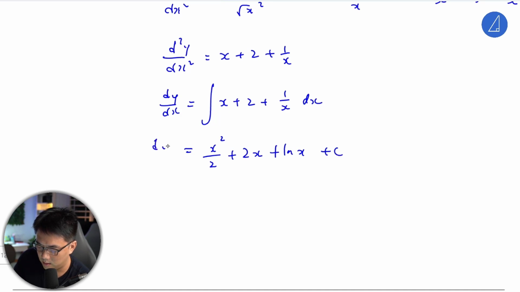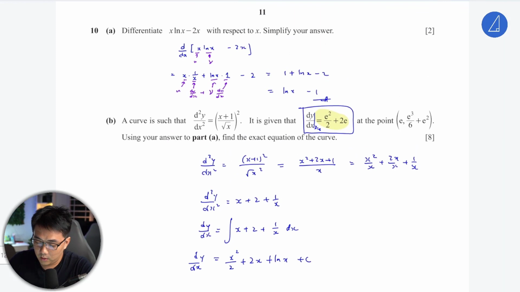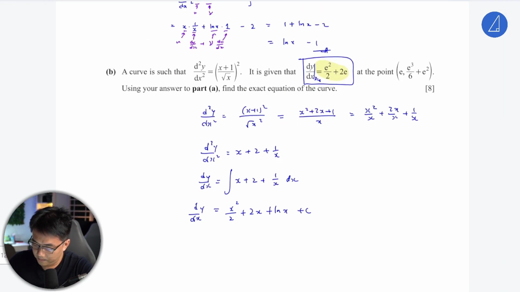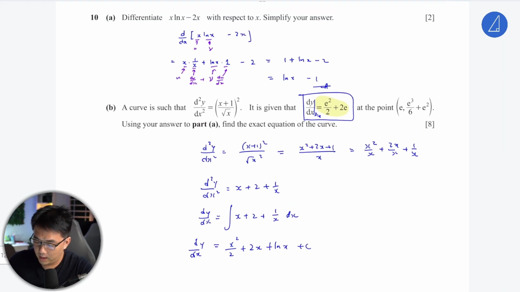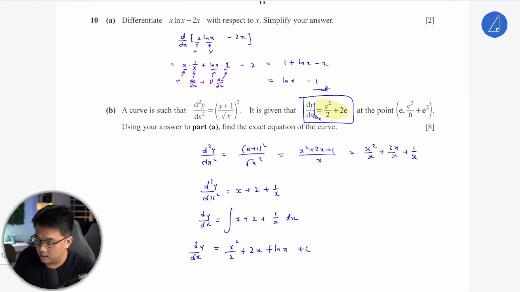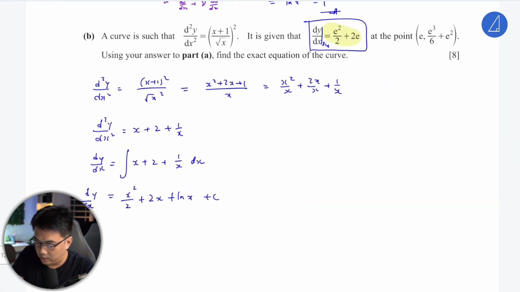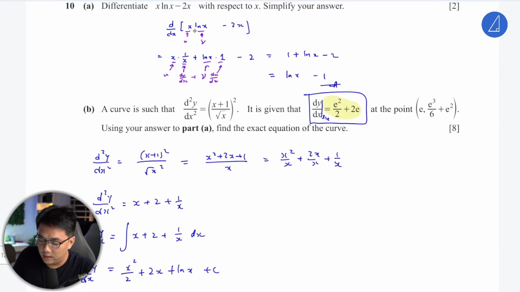Okay, this part is interesting because from the previous part, what we know from part A, just take note, is that we need to use this expression here. If we differentiate this, we get this.